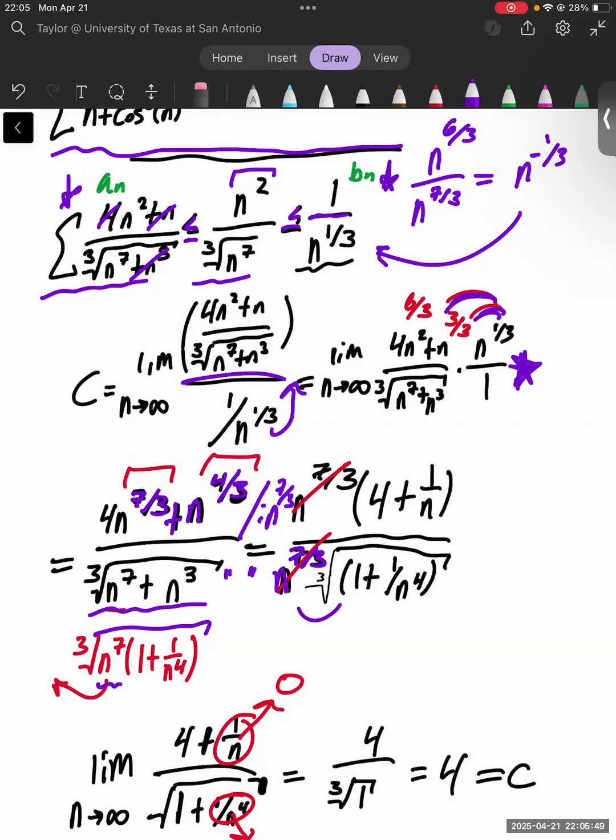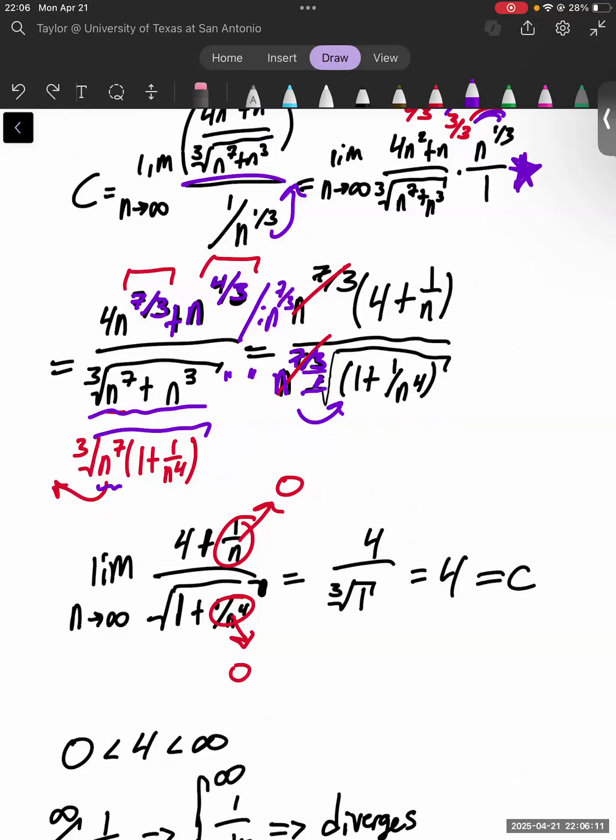Because if I multiplied this back in, the 3 would cancel with this 3. That would allow me to cancel these two n terms. There we go, it canceled. But anyways, that would allow me to cancel my two n to the 7/3.